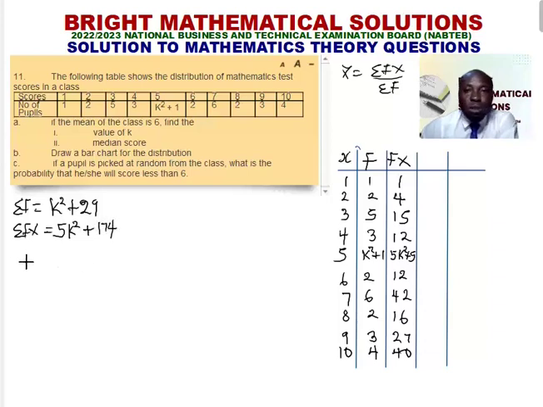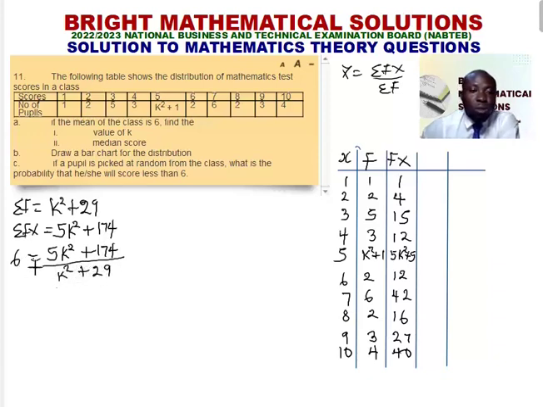Now remember that we've been given x bar to be 6. That means 6 equals 5k squared plus 174 all divided by k squared plus 29.